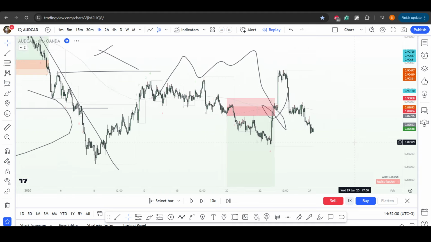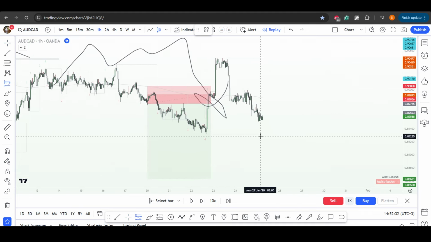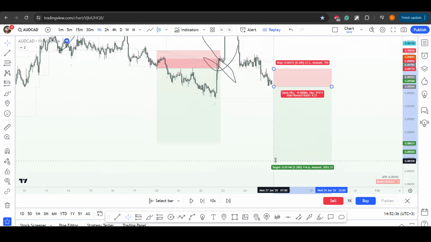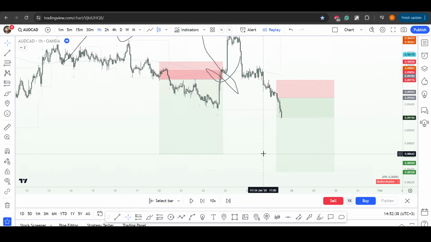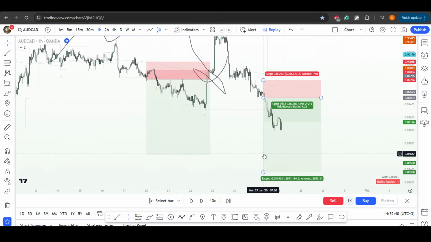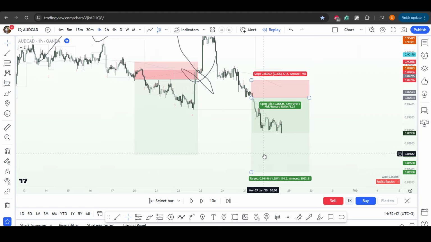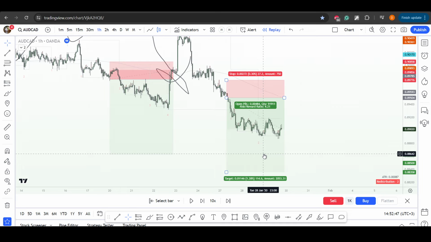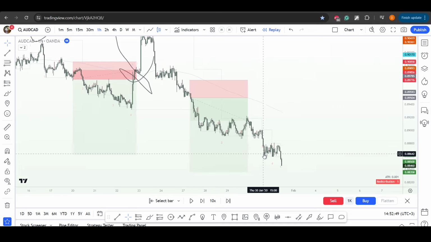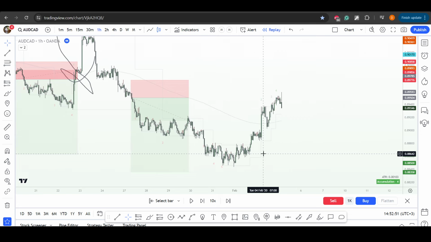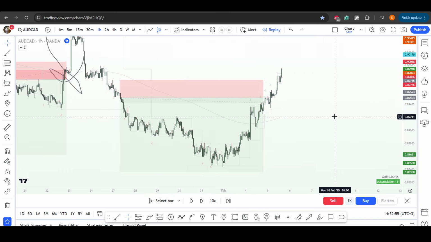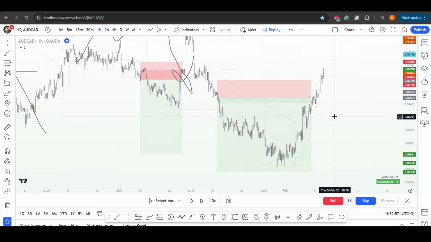Only to do what? To continue to the downside. So let's try to follow the market. Moving to break even. I hate ADCAT.